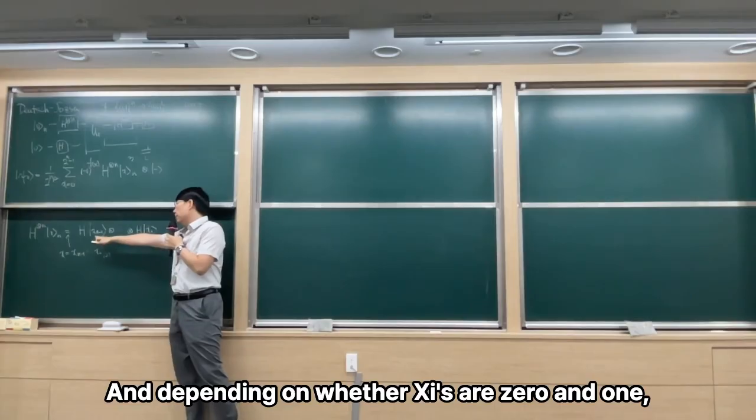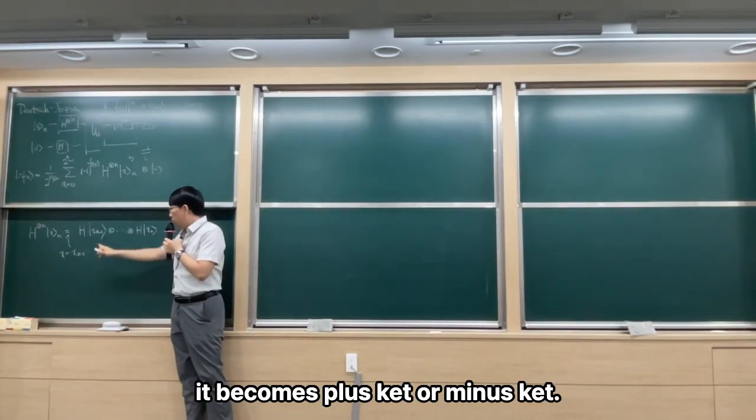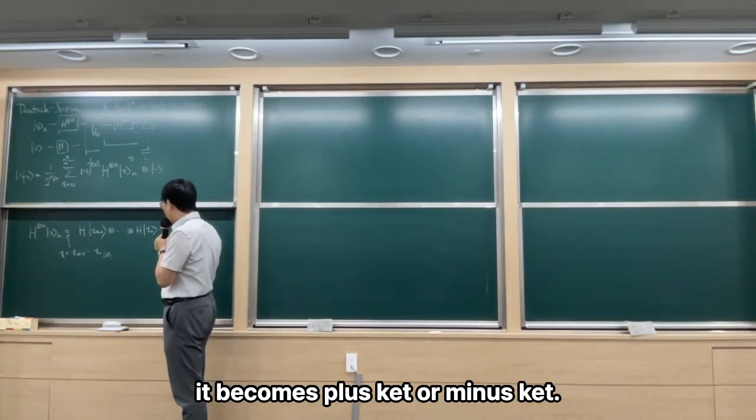And depending on whether the x_i's are 0 or 1, it becomes plus ket or minus ket.